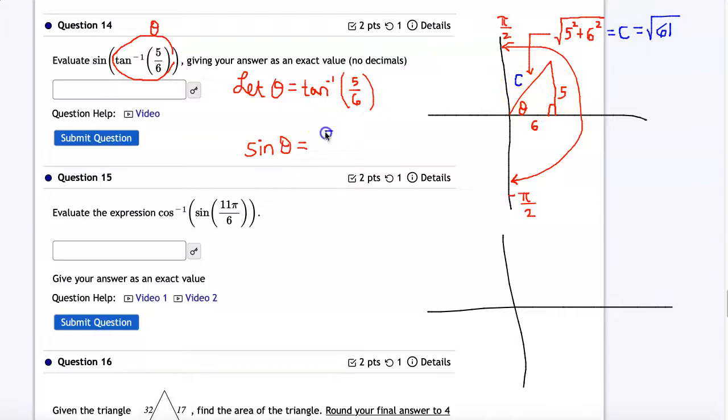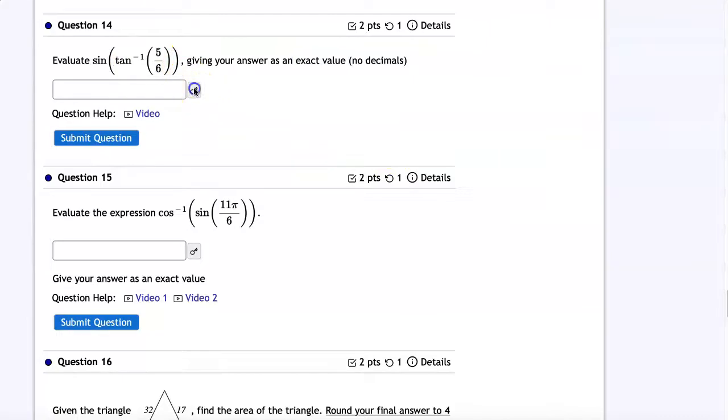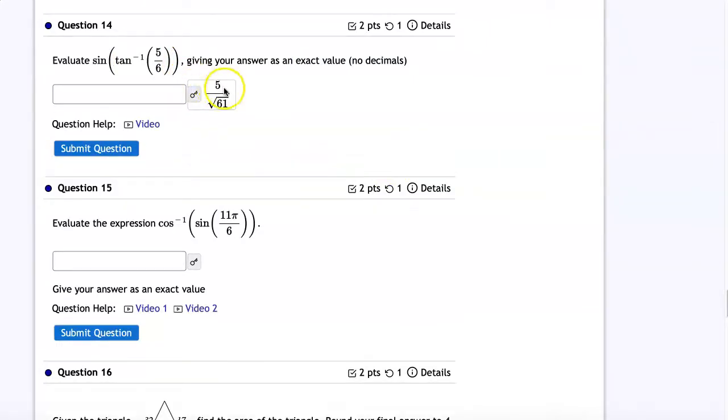So that would give us a 5 over the square root of 61, which when we rationalize it, we end up with 5 root 61 over 61. So that's why we need to have an exact value, no decimals for our answer. Now, they did not rationalize the denominator here, so I guess if you don't rationalize your denominator, you won't get in trouble. Okay, question 15.